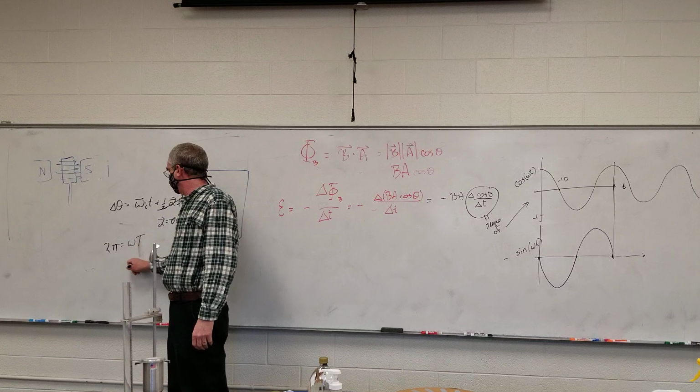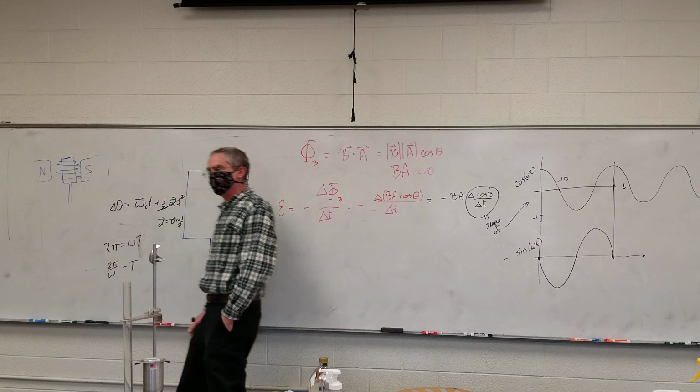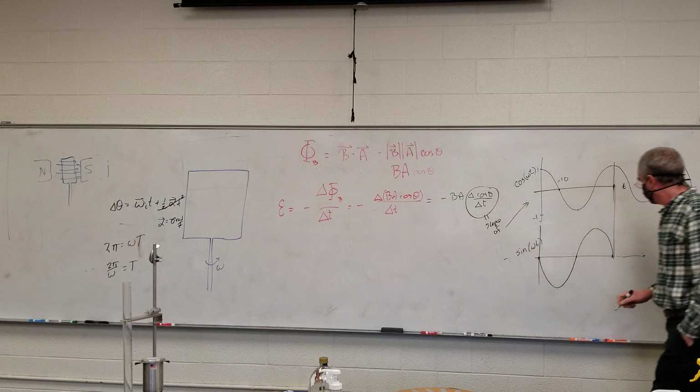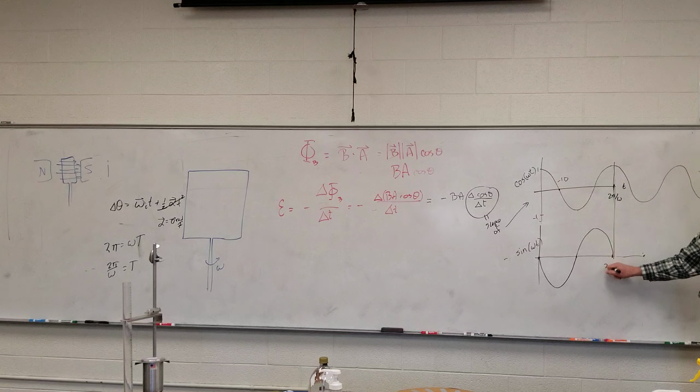So my period is 2 pi over omega. So this time right here is 2 pi over omega. And I assume that's what you were saying, Brooke, earlier.